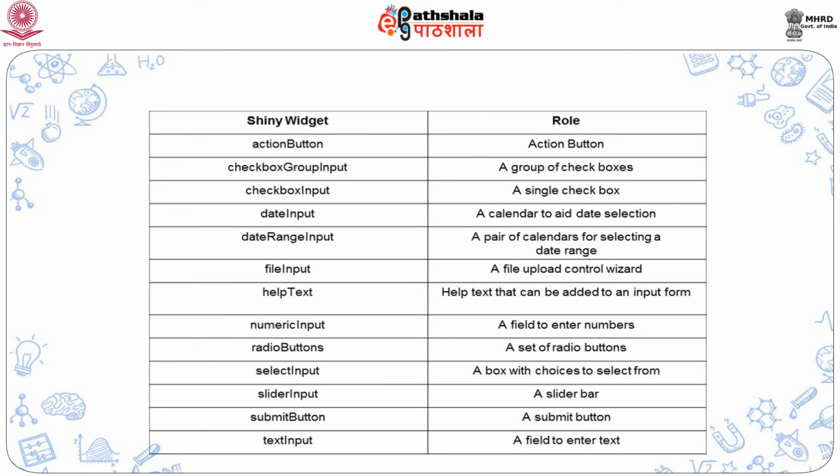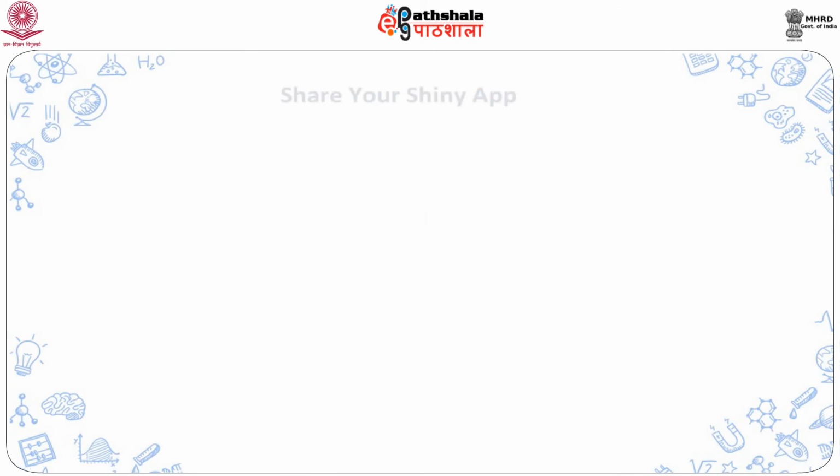Now checkboxInput is a single checkbox. Then dateInput is a calendar to aid date selection. Then dateRangeInput is basically a pair of calendars for selecting a date range. Then fileInput is a file upload control wizard, and you have things like that.